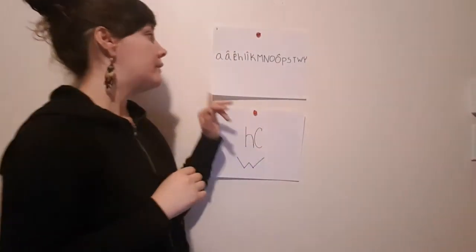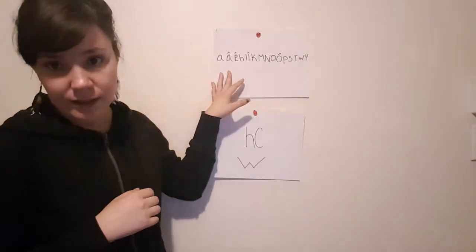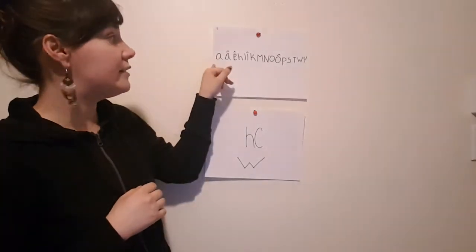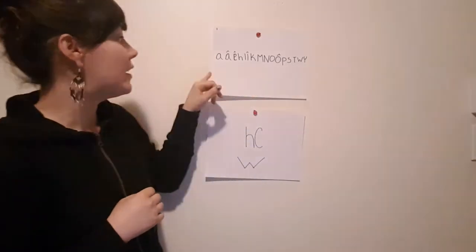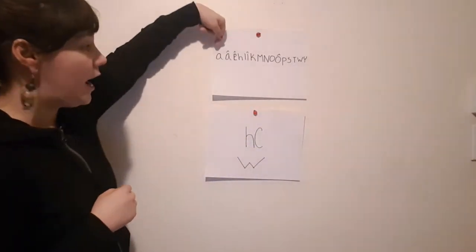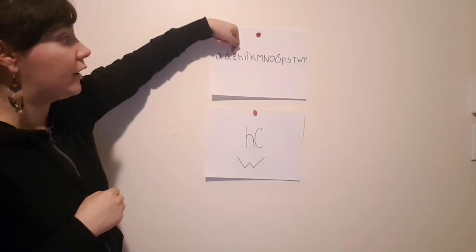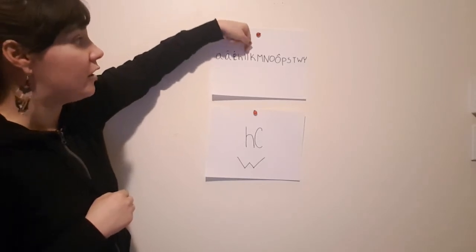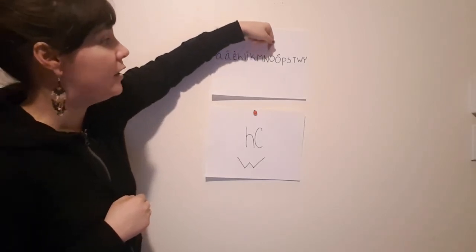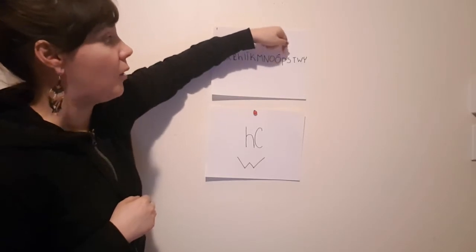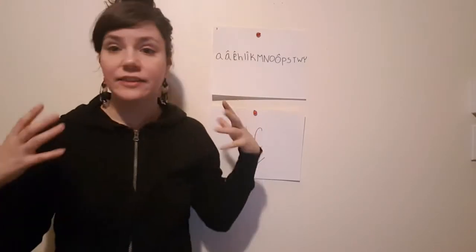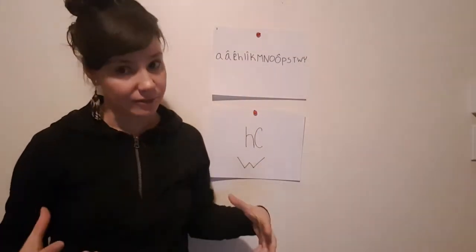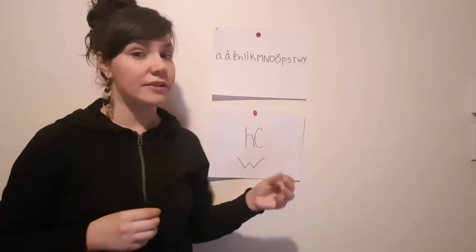The first thing you're going to notice is that there are only 17 letters in this alphabet. They include short A, long E, H, short I, long I, K, M, N, short O, long O, P, S, T, W, Y. As you can imagine, the sounds are very specific, and they're not necessarily the sounds you'd expect.